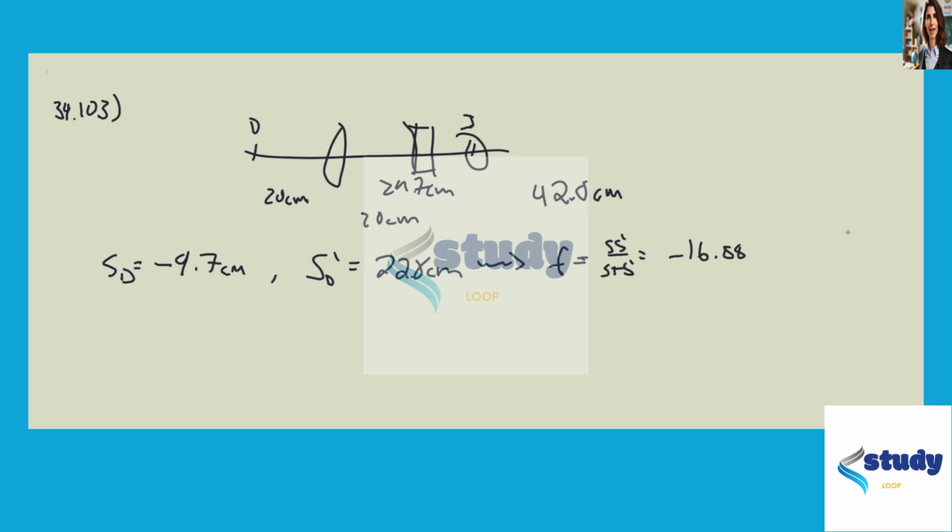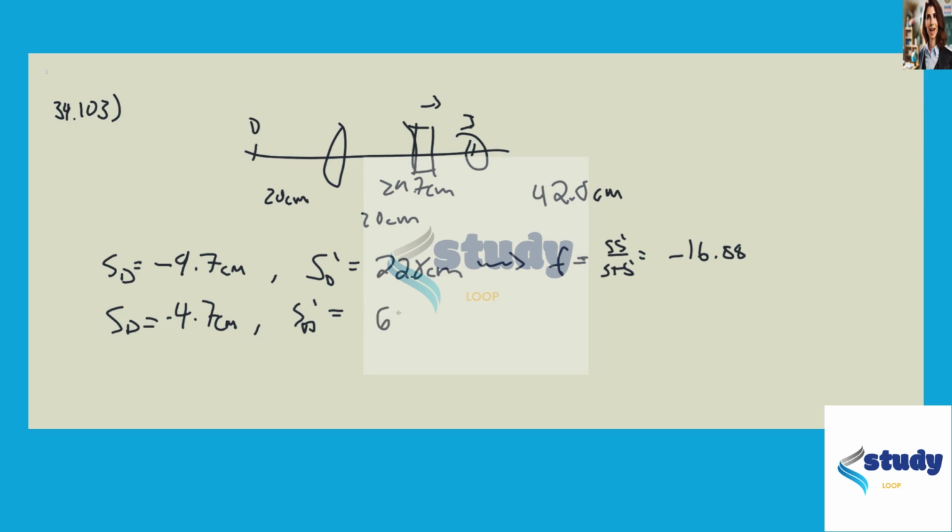16.88. Cool. It also says we suspect some inaccuracy in this measurement, so we repeat the measurement, but now we place the diverging lens 25 centimeters away. So now our s becomes negative 4.7 centimeters. And it says from that, the image distance is 31.6 centimeters to the right of the converging lens.